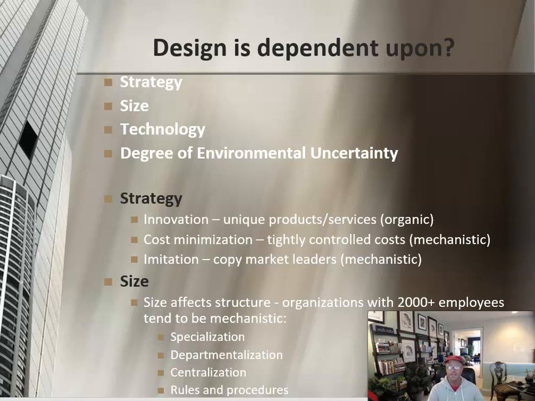Second is size. Size depends on your design. The larger the size, the more mechanistic you become. If you generally have more than 2,000 employees, you tend to be more mechanistic, if not mechanistic. Now, of course, there's some large organizations that are not mechanistic.